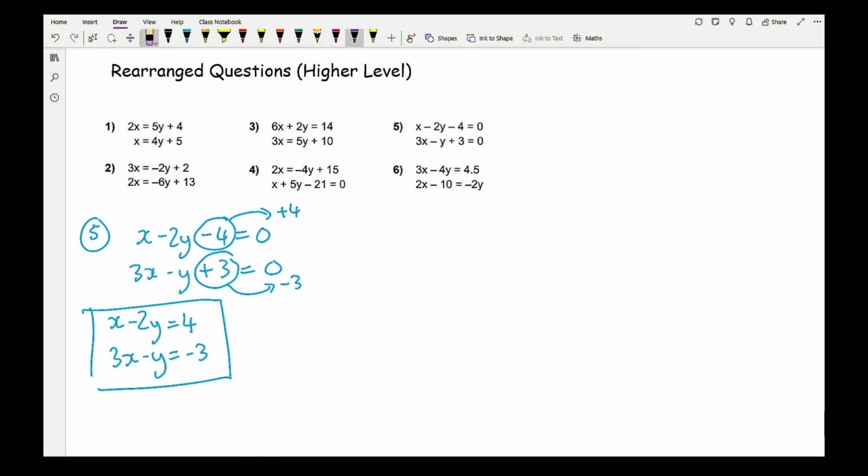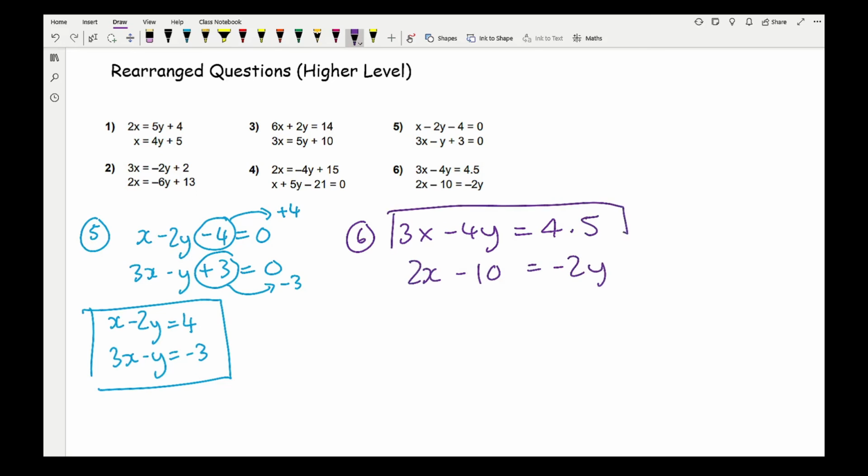again let me just get a bit more extra space. So with question 6, I've got 3x minus 4y equals 4.5, and I've got 2x minus 10 equals minus 2y. So the first equation is absolutely fine. I've got letters on one side, numbers on the other. But for this one, what I need to do is take the 10 over by adding 10, and take the y over to this side by adding 2y.